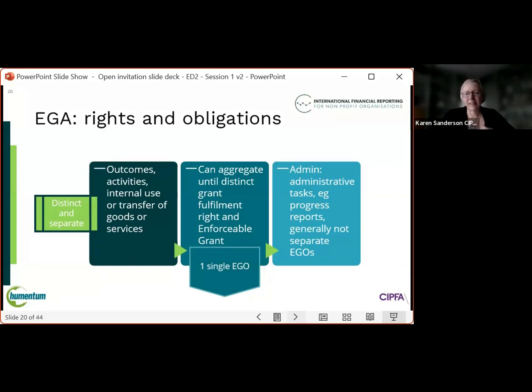And similarly, things like compliance obligations, like following particular procurement processes or requirements around money laundering, terrorism, modern slavery, for example, compliance obligations in an arrangement, they are also not enforceable grant obligations. So important to separate the administrative aspects of the grant arrangement from the actual doing of the actions or tasks that have been laid out.